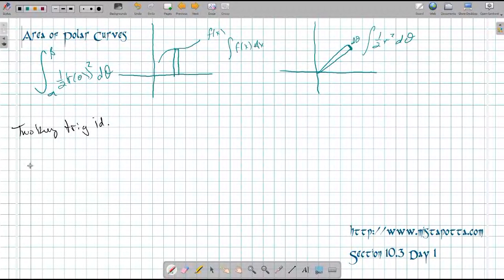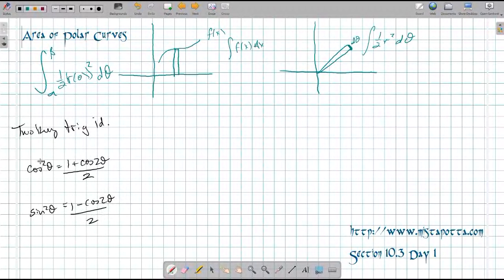So in other words, the idea that cosine squared theta is equal to 1 plus the cosine of 2 theta all over 2, and sine squared theta equals 1 minus the cosine of 2 theta all over 2.